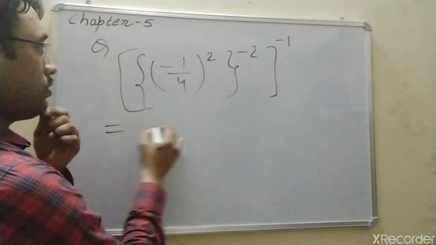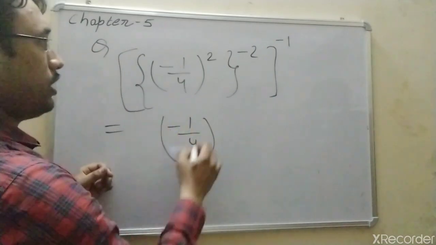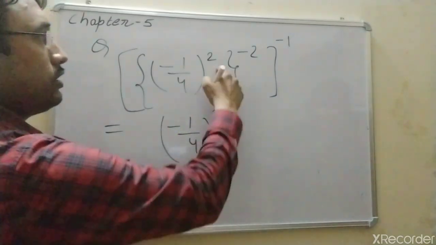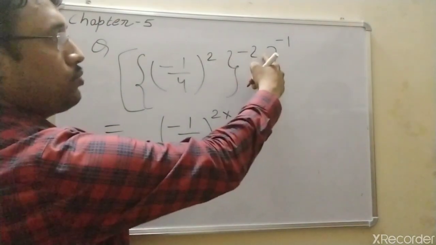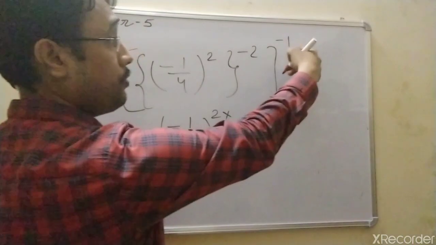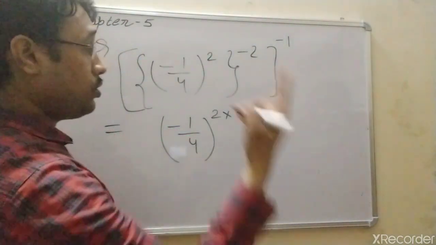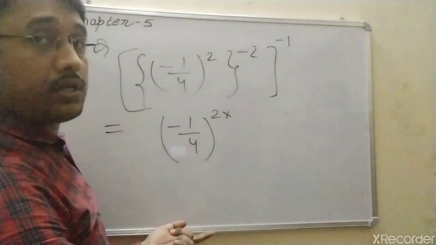Then you will write what? Minus 1 by 4, and the power give that 2 into this power. Above this 2 the power is minus 2, and above this minus 2 the uppermost power is minus 1. So all the powers you will multiply, because this is the exponent rule only.